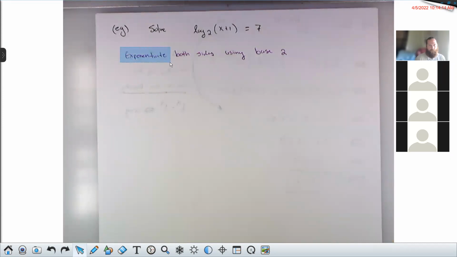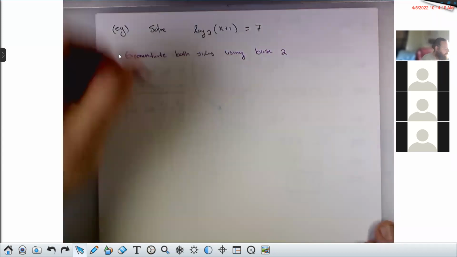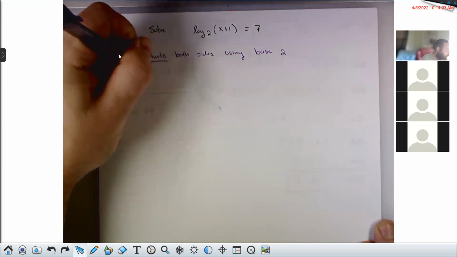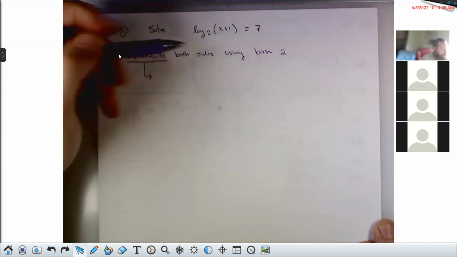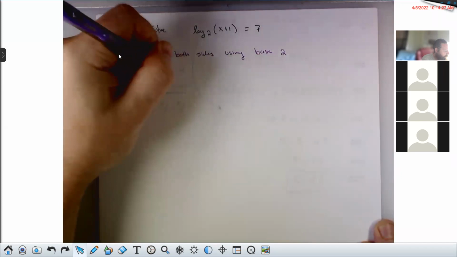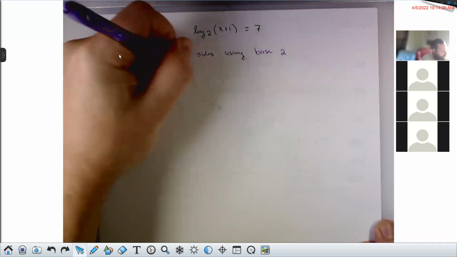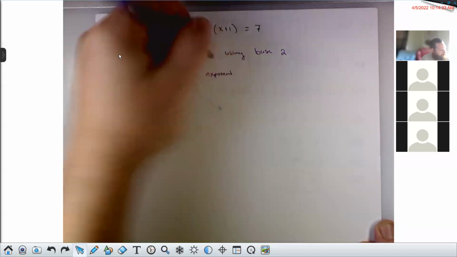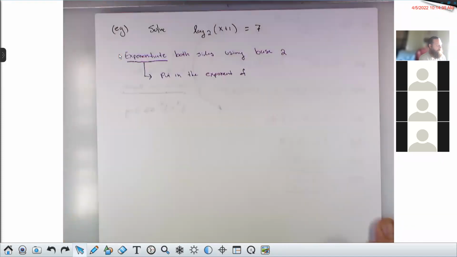So this is a new word for us. It just means to put in the power of. It's different than raising to the power. I'm not going to square both sides. I'm not going to raise both sides to the power of 2.